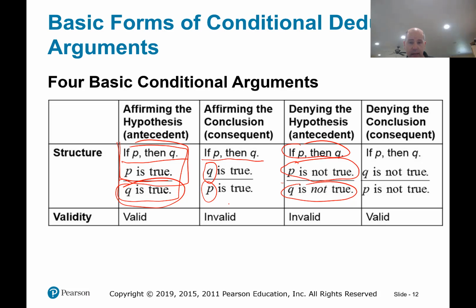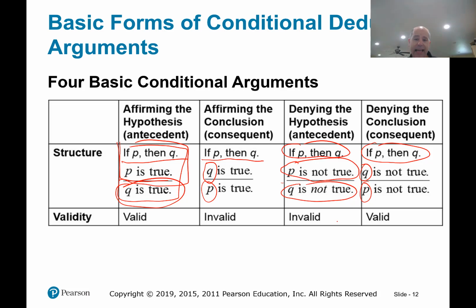Okay, now what about denying the conclusion or denying the consequent? This is the same as the contrapositive, because if you look at the first premise, that's the conditional, but if you take the second premise along with the conclusion, this is the contrapositive. The contrapositive is always equivalent to the conditional.